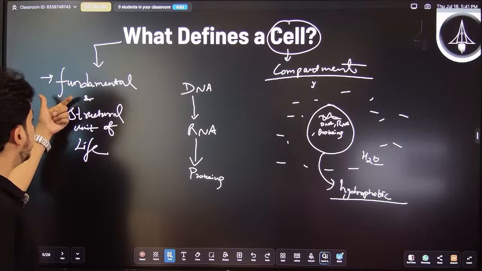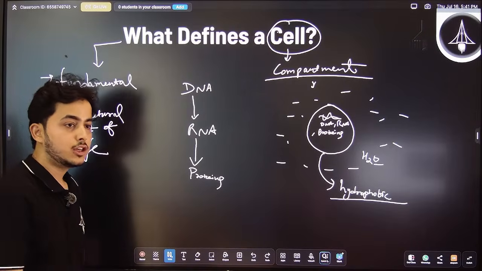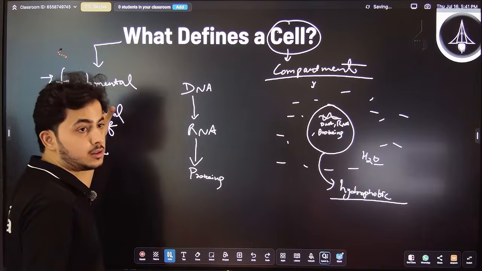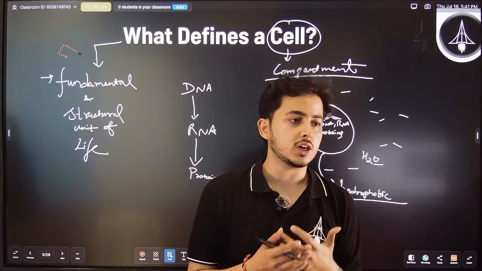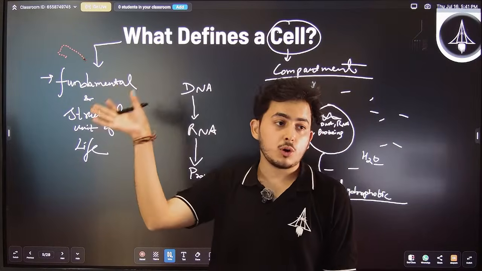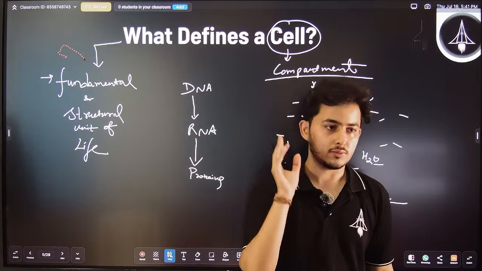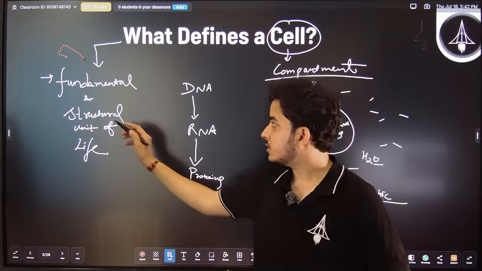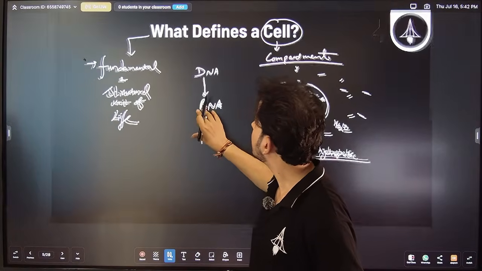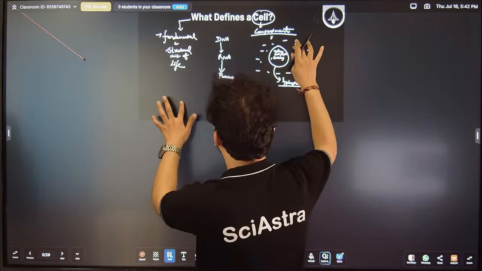Right, fundamental and structural unit of life. Now, what is the meaning of this statement? Many people know this statement but don't understand the actual meaning. Fundamental means anything smaller than this unit cannot survive, because fundamental means it is the building block, correct? So this is the building block.